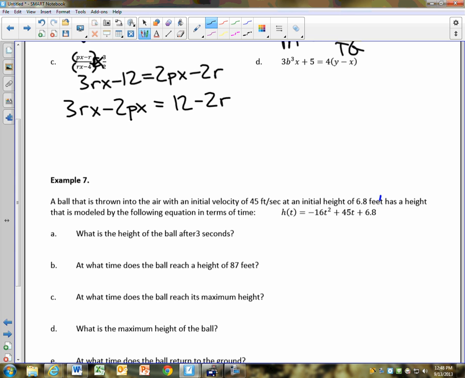Everything on the left-hand side shares a common factor. What's the common factor? X. Factor it out. Now, how would you solve for x? Very good.